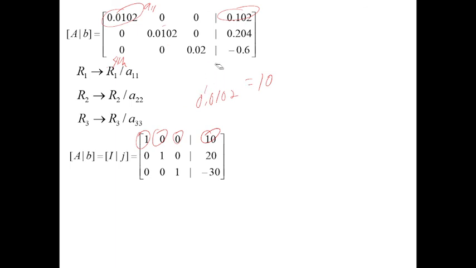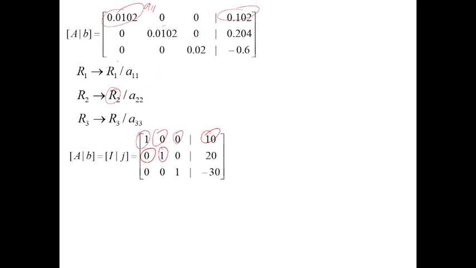So in that case, let's consider R2. 0 over A22 is 0, so we got that. 0.0102 divided by A22, which is also 0.0102, gives 1.